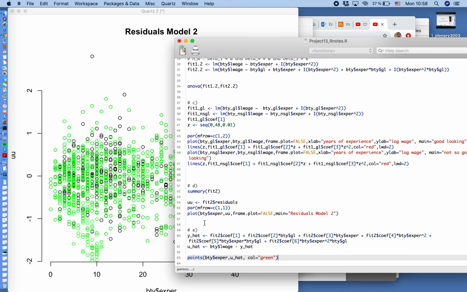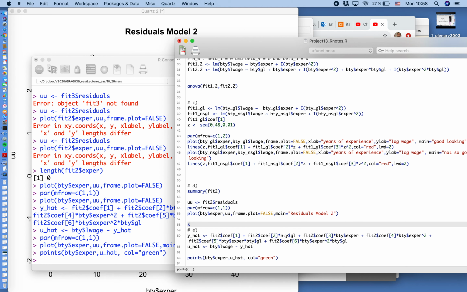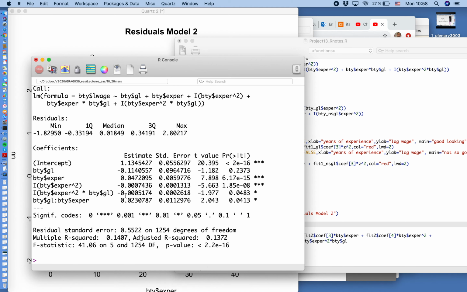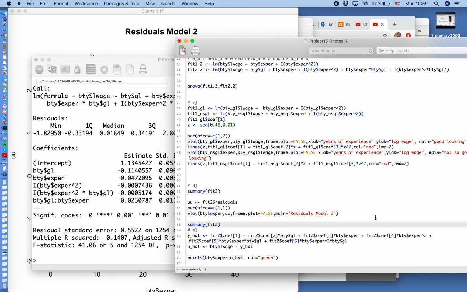Let's run summary on fit2. So here we see what's going on. The numbering is a bit messed up. So what we call number 5 here is number 6 here. So it seems like we must take number 5. Is that correct? Yes. And then number 6.